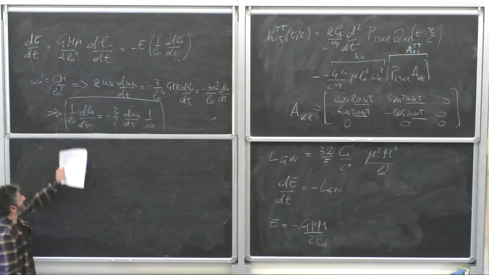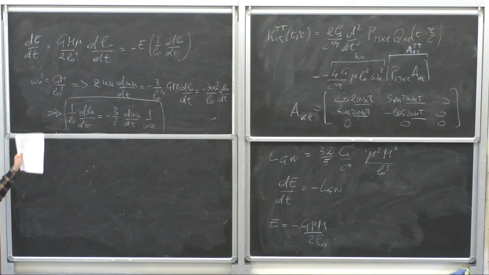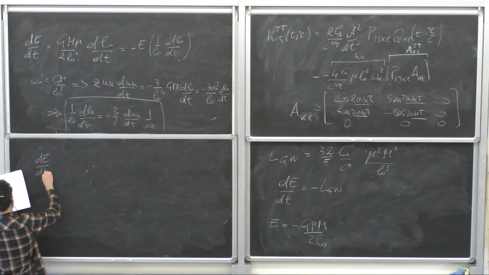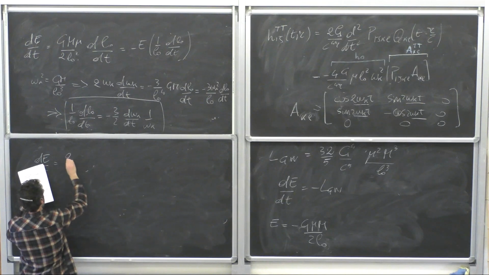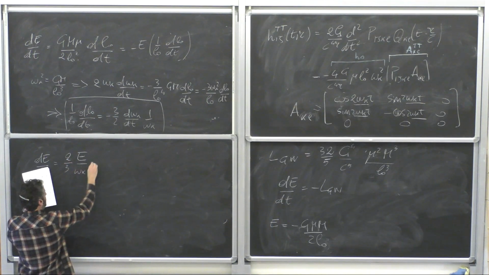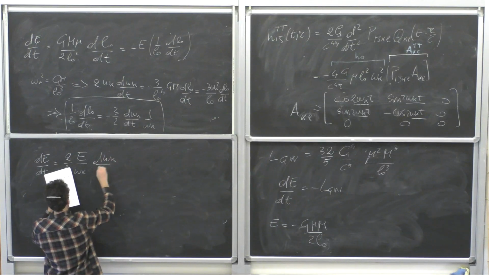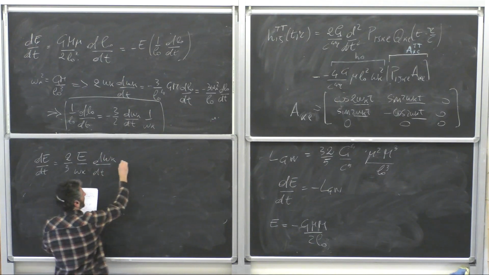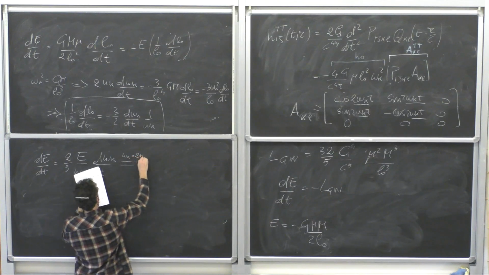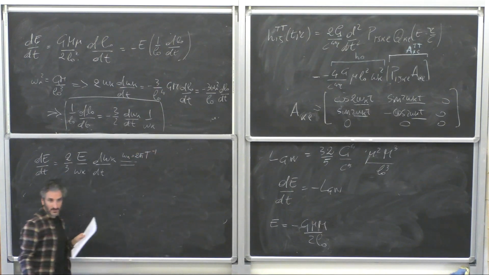Now let's plug this expression inside there. So we have dE/dt, which is 2/3 E over omega_k d omega_k/dt. And then let me write this.